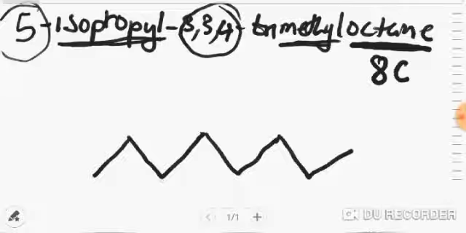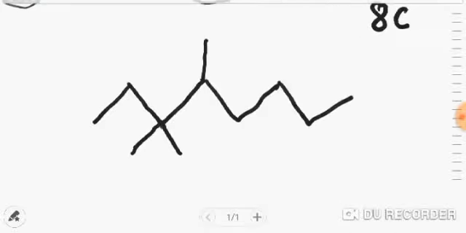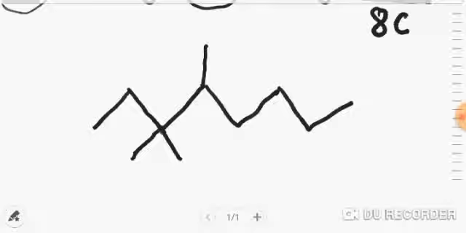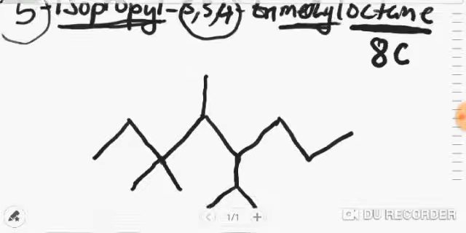So this is the position. We have 2 methyl groups on position number 3. They are our methyl groups. And then on position number 4, we have another methyl group. Position number 5, we have an isopropyl. There we have it. So that's our structure, guys.